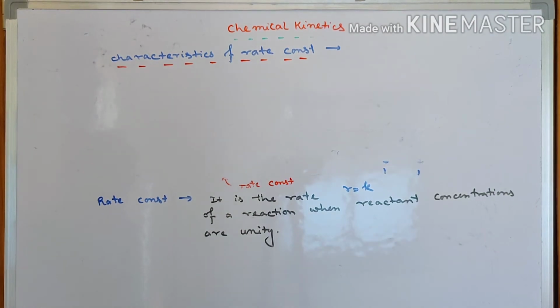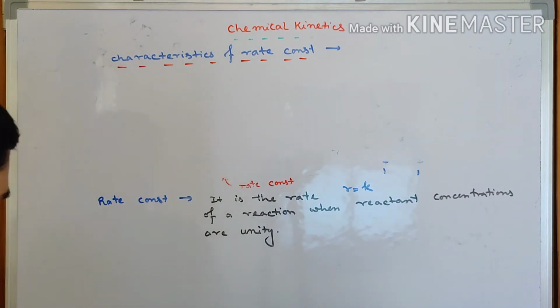First of all, rate constant of a reaction is a measure of the rate of the reaction. Larger is the value, faster is the reaction. Obviously, different reactions will have different values of K. And remember, at a fixed temperature, the value of K is constant, and this is the characteristic of a reaction. It is also independent of concentration for a particular reaction. So let us see one by one.